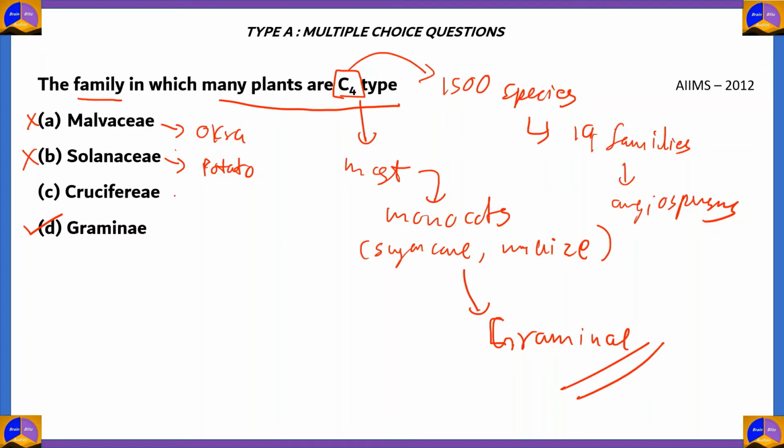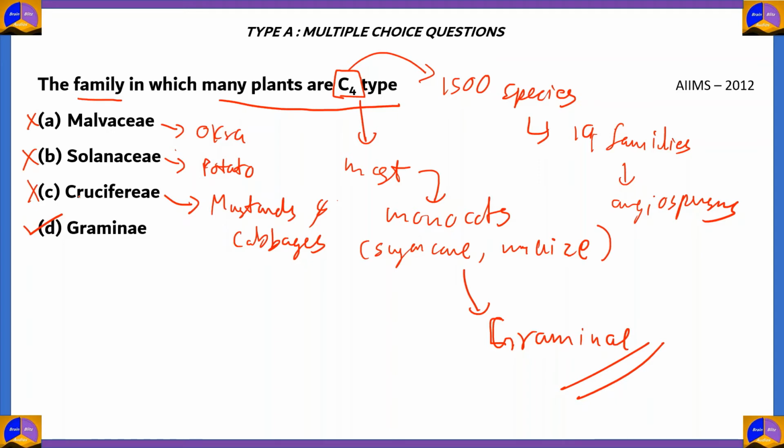Option C, Cruciferae, refers to the family Brassicaceae, also known as the mustards and cabbages family. So mustards and cabbages are present in Cruciferae, and most of these also have C3 type of plants. So therefore, the right answer is option D, Graminae, in which sugarcane, maize, etc. are present.